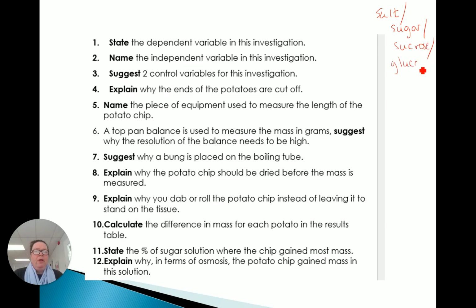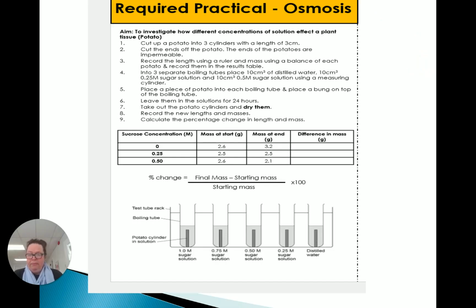It might say glucose, but it all works exactly the same way. Okay, so don't worry if it says sugar and you're used to looking at salt, it's fine. So this is one method. They're all slightly different, but the ultimate aim is the same. If you want to pause the video now and have a little read in your own time, that's fine. So pause now if you want to do that.